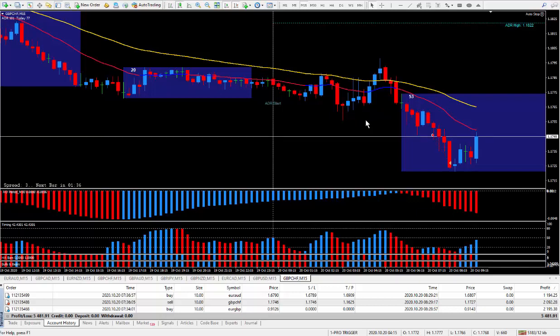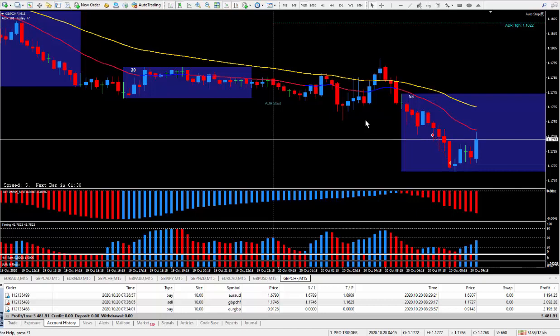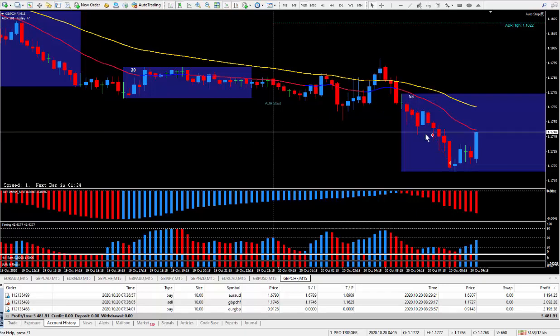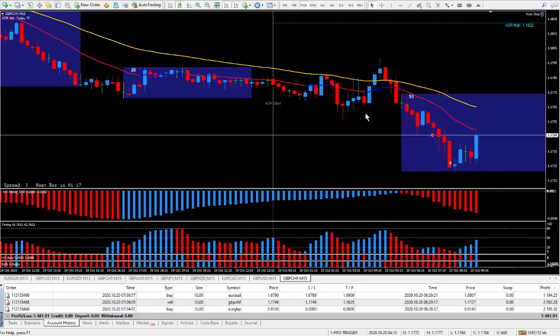Very important that you know what time you should be trading, what pairs you should be trading, and of course, as the market is flowing, you got to know how and when to get into the trade.